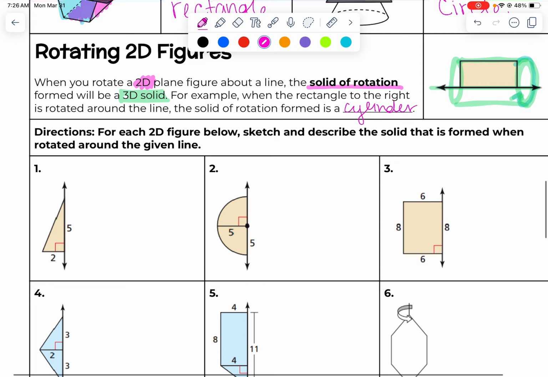All right, let's look at a couple more. On number 1, we have a triangle here, and we want to rotate it about this line. So when we rotate, the bottom will rotate in a circular motion all the way around.